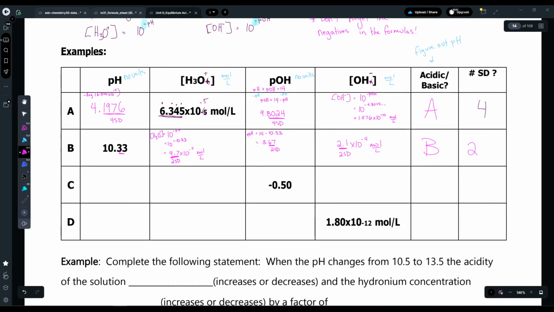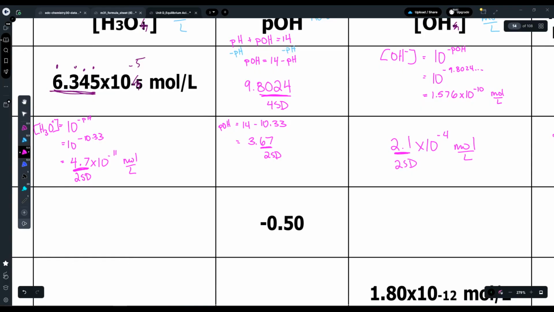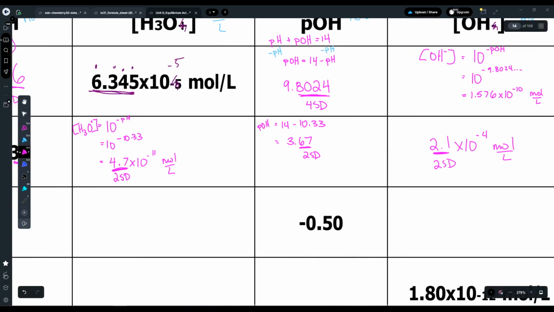Okay, for the next 2 rows, I'm just going to quietly go through how I'm doing my calculations. So we got a pOH of negative 0.50.